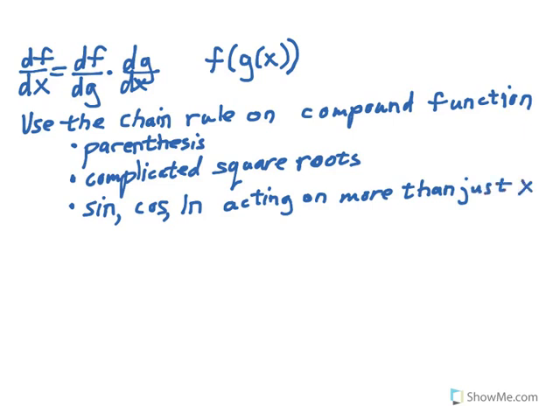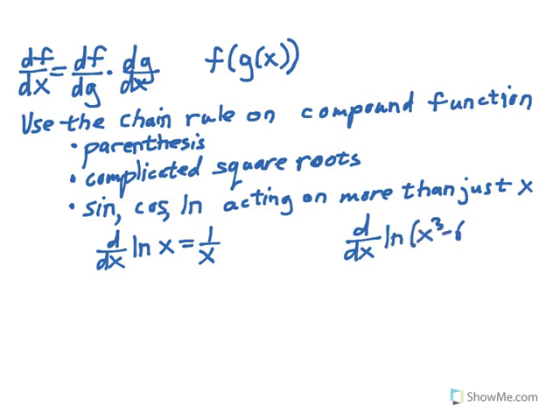So for our identities alone, we can get by on saying that d/dx of ln x just takes an identity, and you can say it's 1 over x. But you use the chain rule if you have a function like d/dx of the natural log of x cubed minus 6.